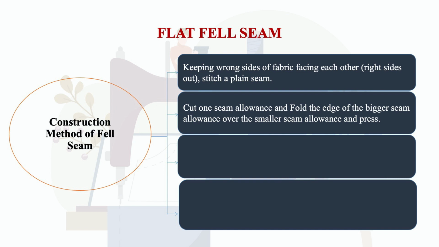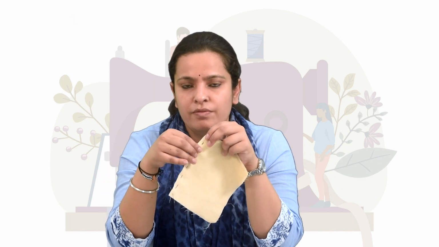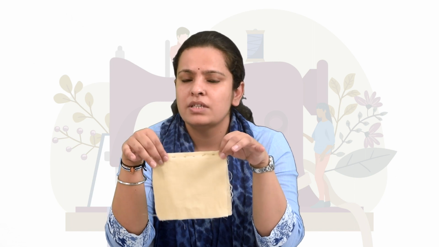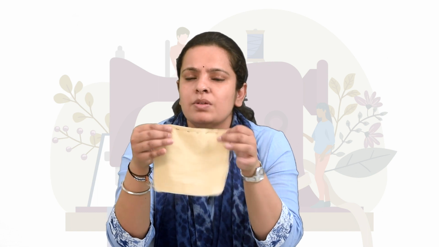Then what we do, we cut one seam allowance and fold the edge of the bigger seam allowance over the smaller seam allowance. We have secured two pieces of fabric facing wrong side. We cut one seam allowance. Seam allowance means the margin which we have given on the fabric.